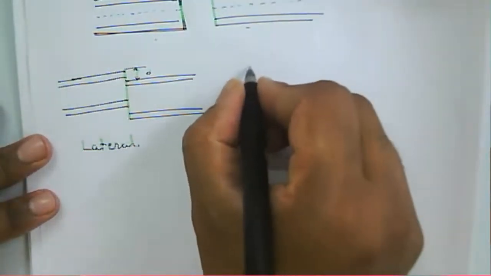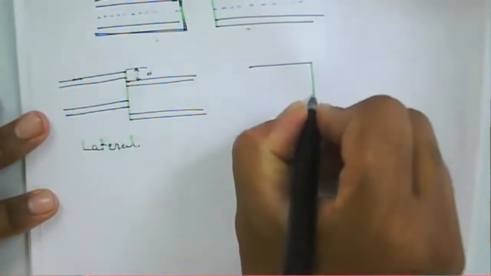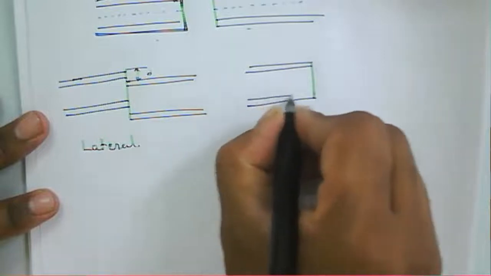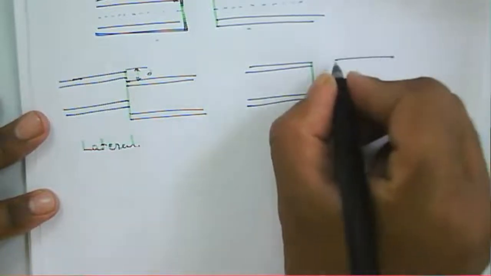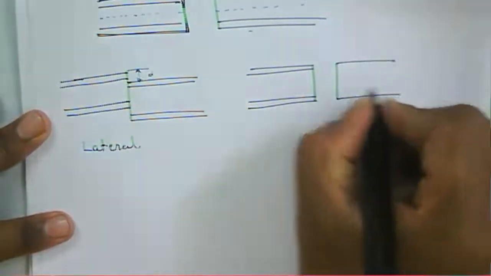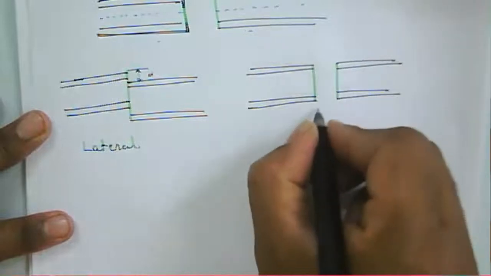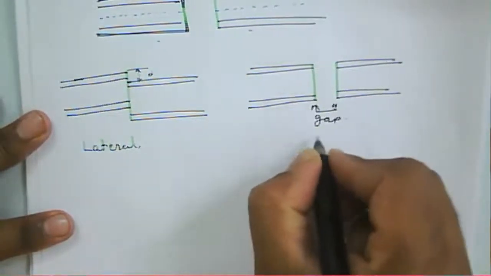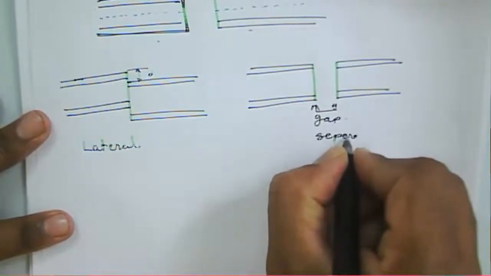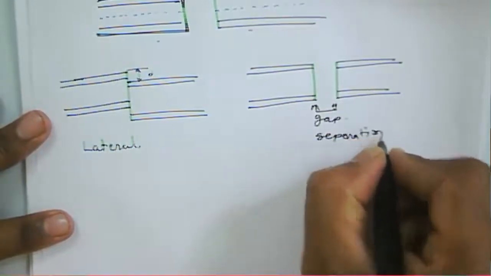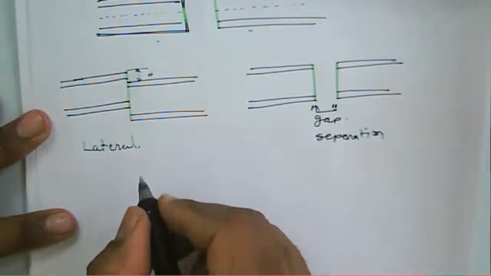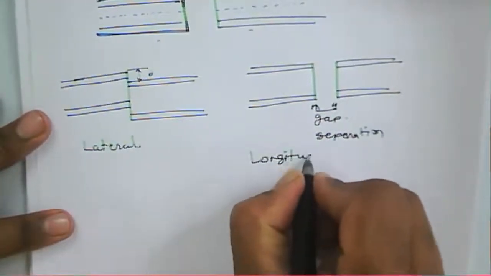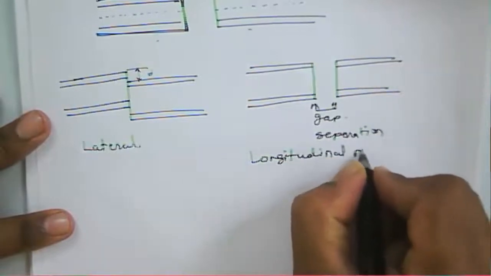Then another misalignment. We say there will be a separation between the fibers on this particular gap, or we can say separation, and that is called a longitudinal misalignment.